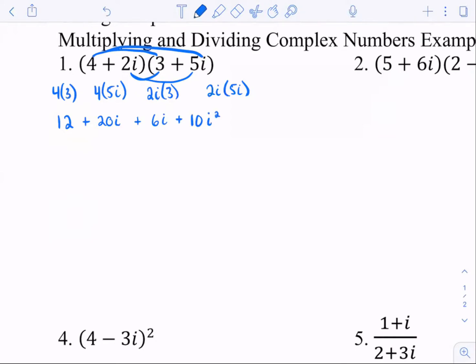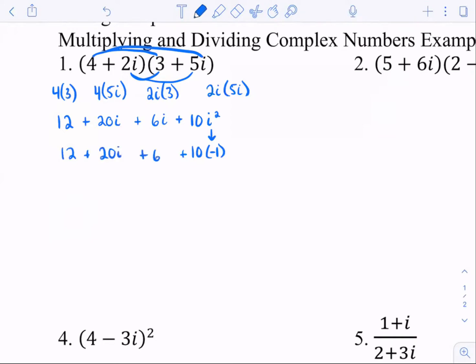Now here's what's really important. You don't want to leave this i squared, because remember, when I multiply and divide, I want to leave an a plus bi form. I don't want i squared here. It doesn't work. So to leave it in a plus bi form, I must tell myself, well, what is i squared equal to? If you remember, i squared is equal to negative 1.